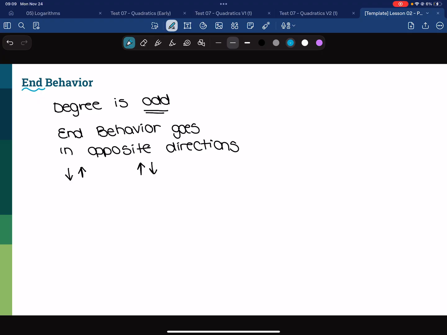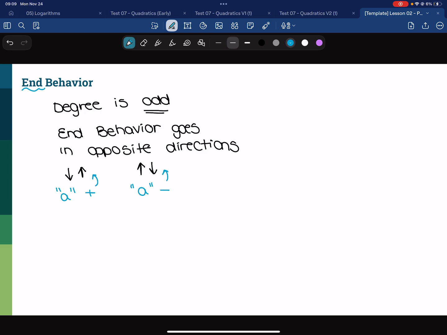That scenario is going to come from the leading coefficient. Remember that a we just talked about. A would have to be positive to get this to end going up. Our a value is going to be negative, so that way we end down here. So these are my two scenarios of what can happen.